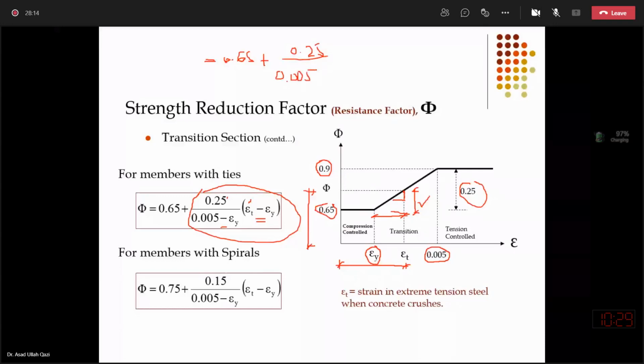For grade 420, it is 0.0021. So this will give me the slope, into, since I have given you the example that the steel strain is 0.003, minus epsilon y, which is 0.0021. So for such a cross section, what will be phi? Can you please use your calculators and tell me what the phi value will be?